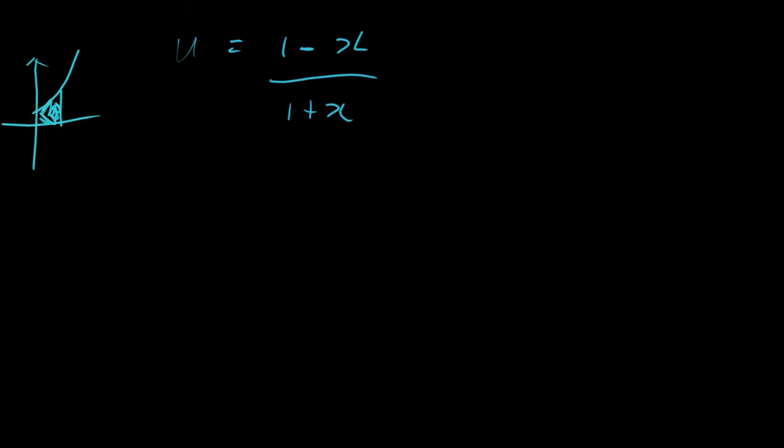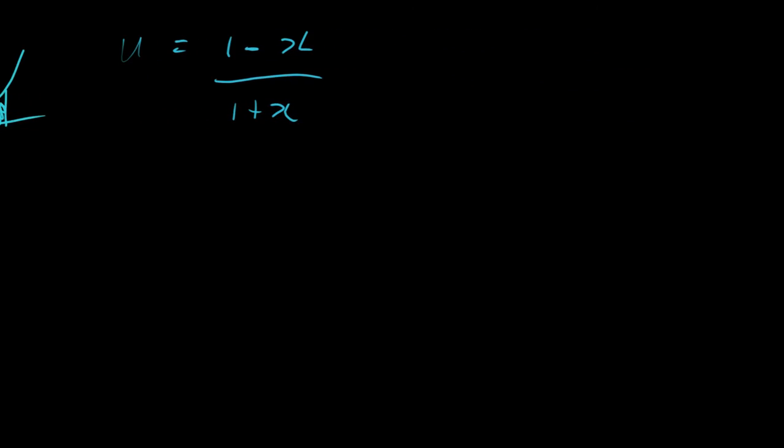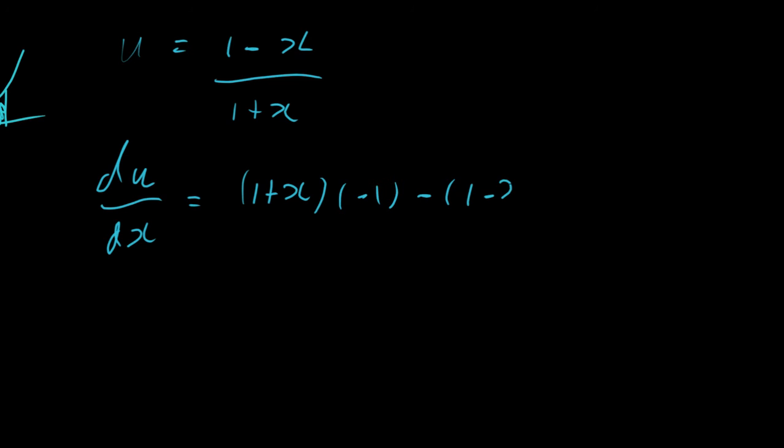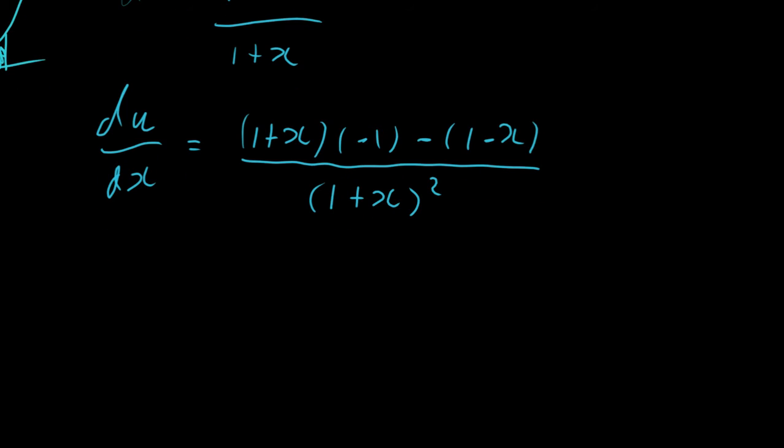So the handy trick for remembering the quotient rule: if we want to differentiate with respect to x, I say low d high, so low, and then differentiate high, minus high d low, over the square of what's below. Pretty neat, right? I love that rhyme. I was so happy when I saw it. So low d high minus high d low over the square of what's below. Okay, so that's just what that turns out to be.